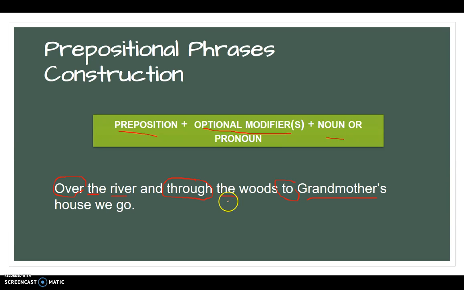So river, woods, house. And the term that we use for the noun in the prepositional phrase is object of the preposition. And this is going to become very important. So, here's the preposition, it's the object of the preposition. And this is going to become very important as we go on to talk more in depth about pronouns and subjective and objective pronouns. So this is the construction of a prepositional phrase.